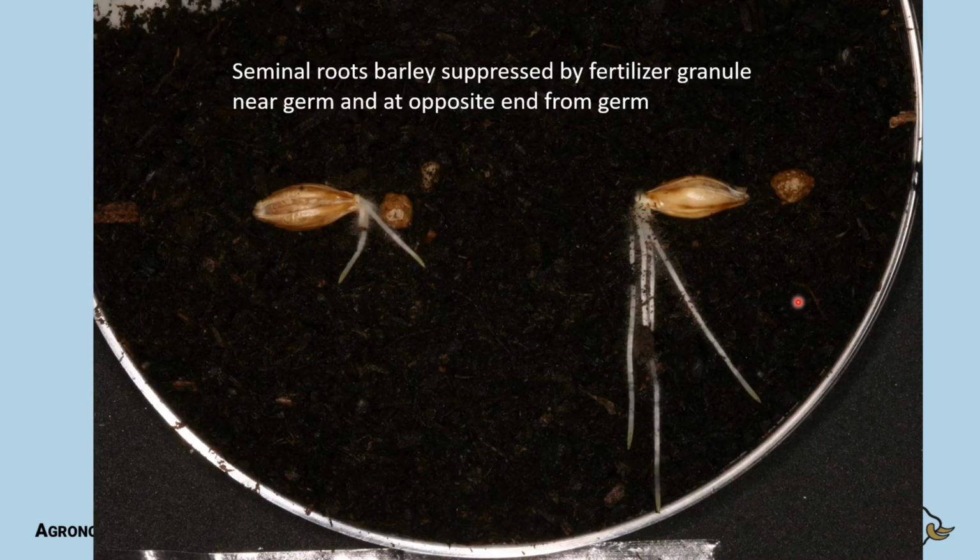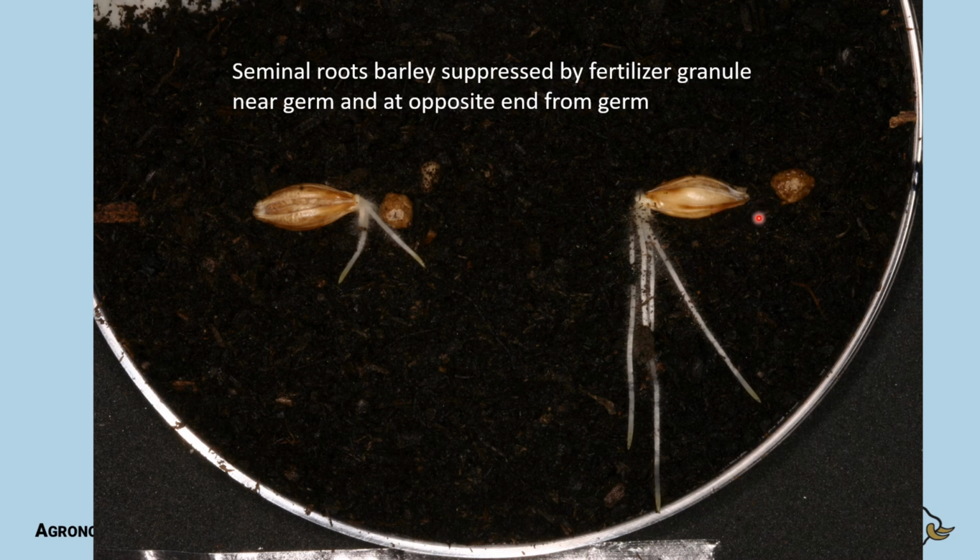From a farmer perspective, I want to point this out as something to think about because you hear about salt index and root toxicity and so on. And this is just an example of the kind of stuff I do. Just showing here how this granule, which has a salt index, and we won't go into what that really means, but it can cause some problems in terms of germination by extracting water from the seed, for example, instead of allowing water to get in, but it also can be toxic.